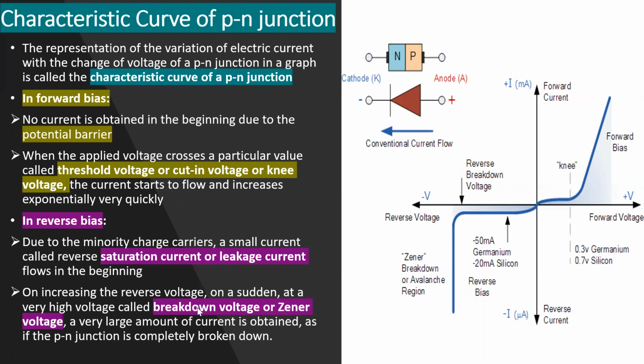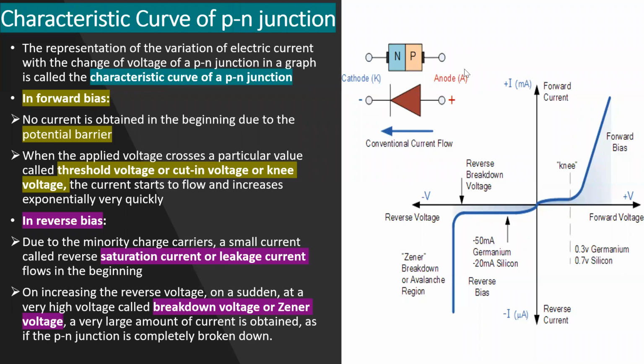But if we increase the reverse voltage, after a particular voltage, there is a breakdown. Breakdown means the PN junction no more functions like a normal PN junction. In a reverse voltage, all the donor atoms become ions and all the acceptor atoms become ions. All the donor atoms will lose their electrons, which they usually provide as free charge carriers. They lose them and they become ions.